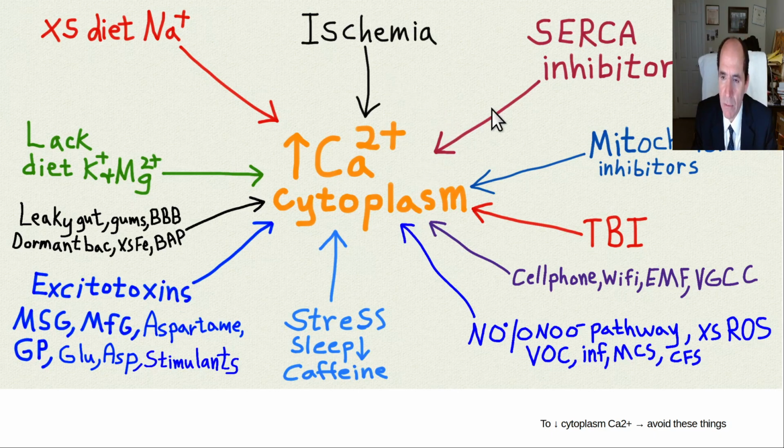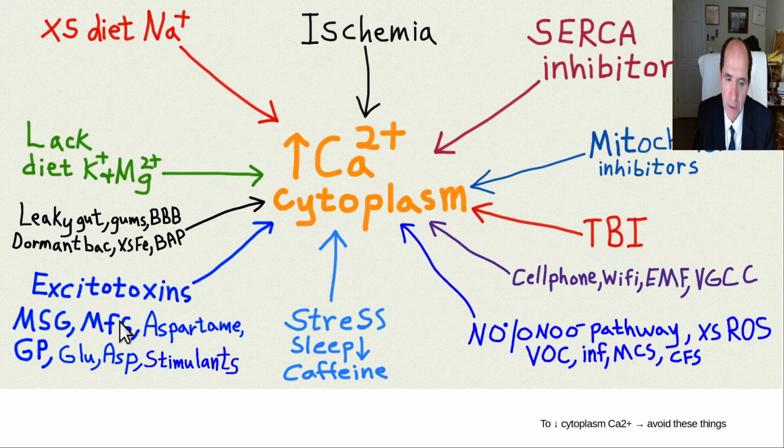Lack of blood flow, SERCA inhibitors (sarcoplasmic endoplasmic reticulum calcium ATPase), and mitochondrial inhibitors will lead to this. Traumatic brain injury, cell phone and Wi-Fi EMF, the whole NO pathway like Martin Pall describes. Excessive psychological stress, that's a big one. Sleep deprivation, that's a common one. Caffeine does as well.